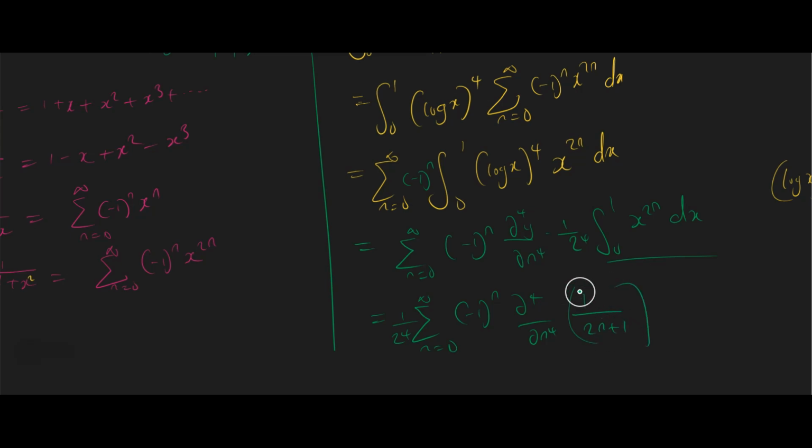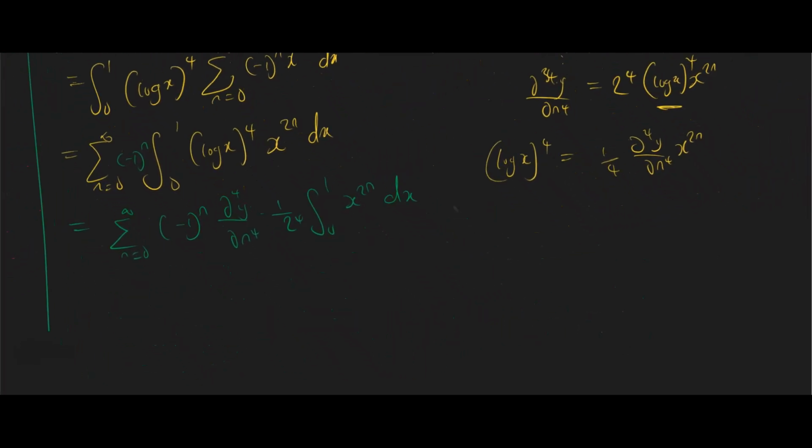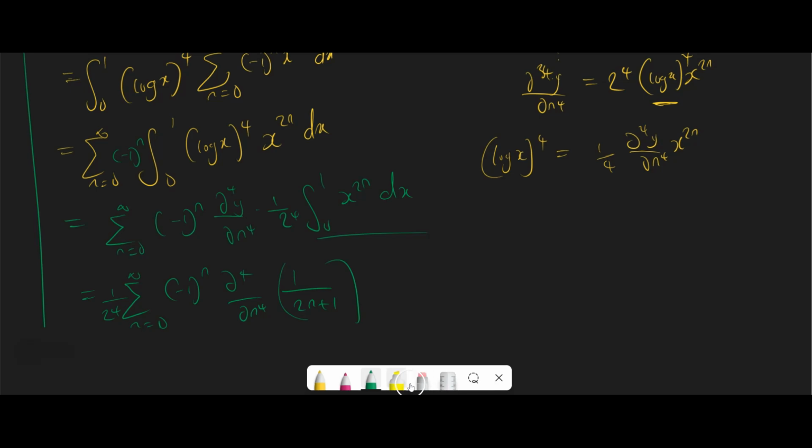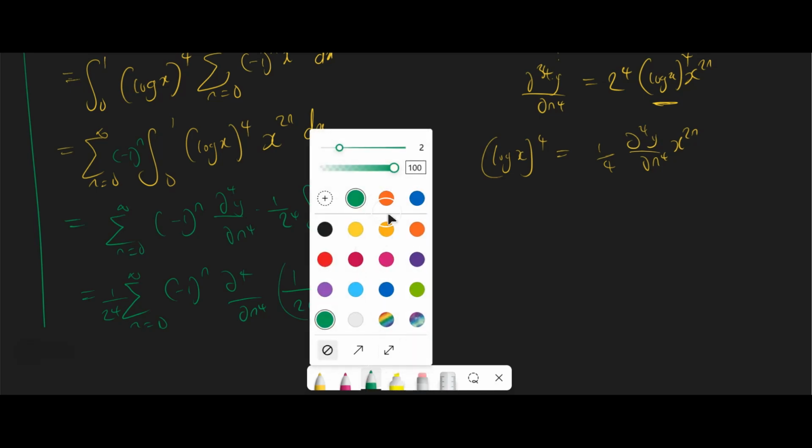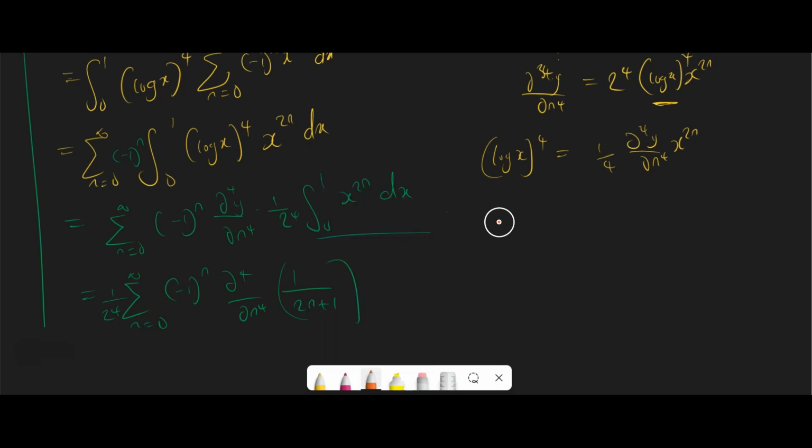I won't show the full working here, but if you take the fourth derivative with respect to n of 1 over 2n plus 1, you would end up with 2 to the 4 times 4 factorial, all divided by 2n plus 1 to the 5th power.